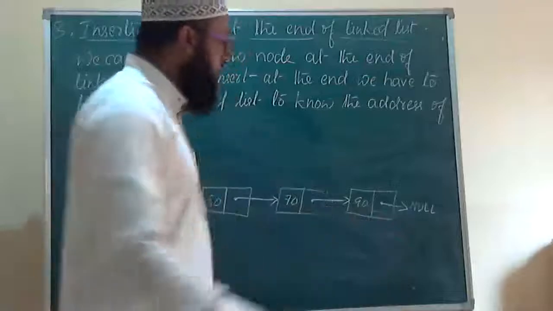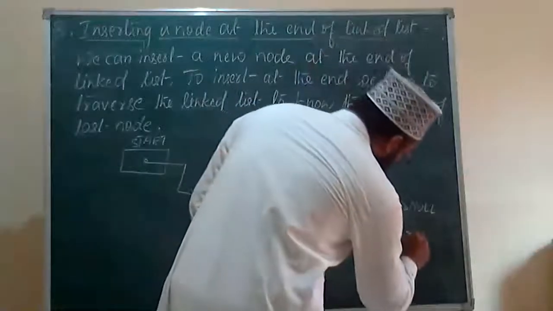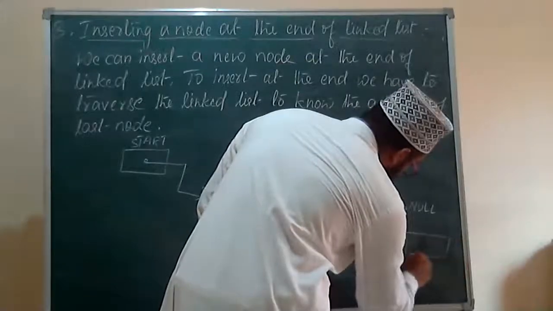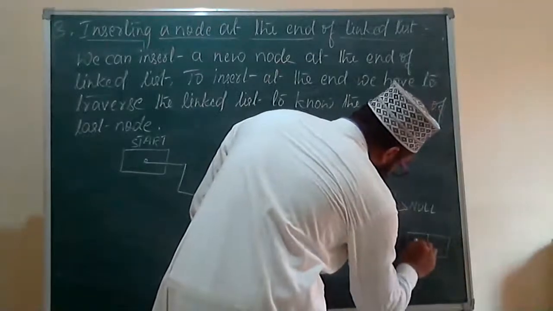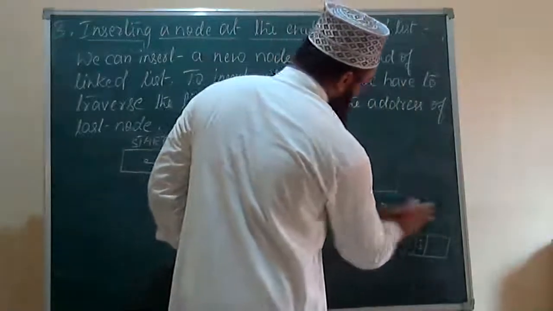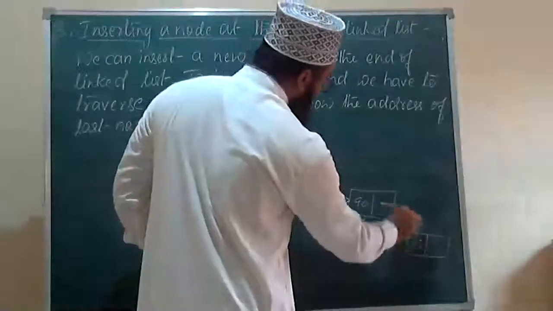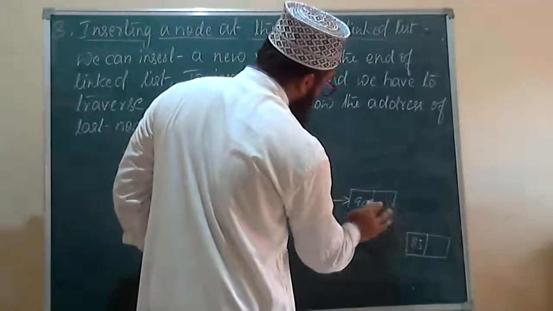If you find the address of the last node, at that time create a new node and link the address of the new node to the link field of the last node.